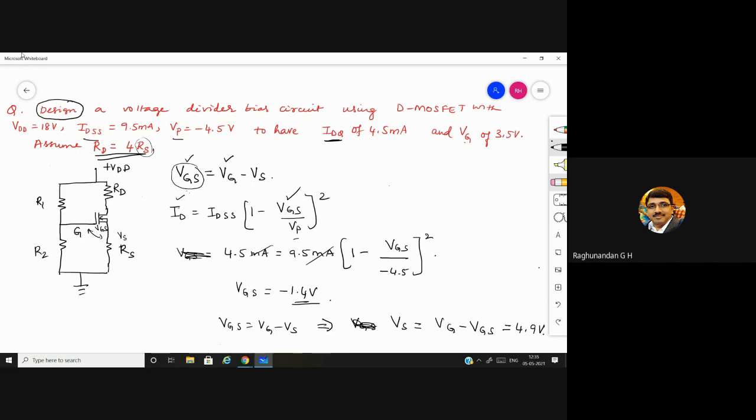So once we get VS, what can we do? Again, some common sense we need to apply.